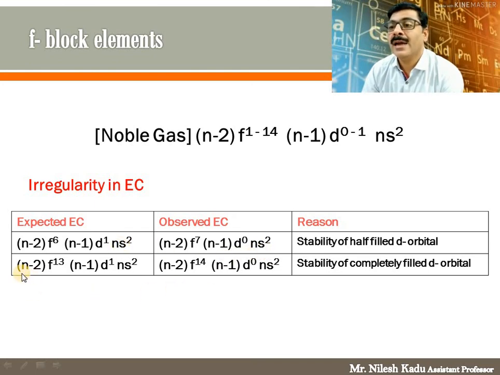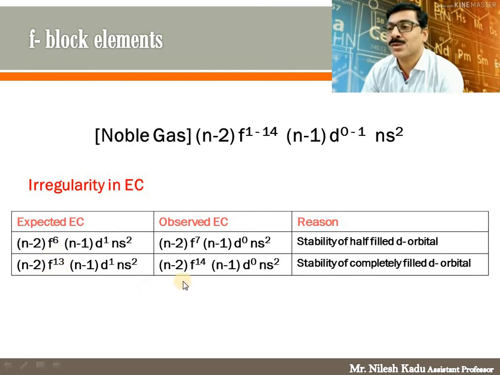Then second, the f orbital contains 13 electrons. Again here an electron from the (n-1)d orbital jumps into the f orbital, and so f14 is obtained, and f14 means it is completely filled and it has more stability than f13.